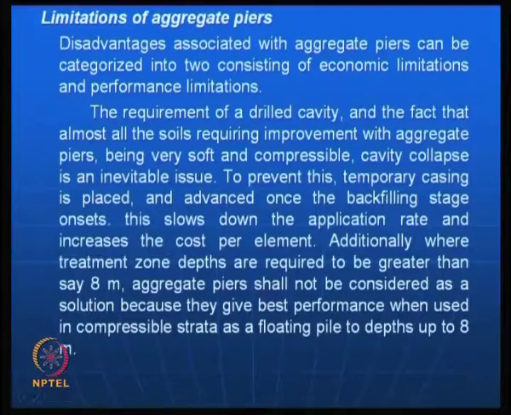So obviously the advantages are there, but disadvantages are also there. There can be economic limitations and performance issues, the requirement of a drilled cavity, and the fact that almost all the soils requiring improvement with aggregate piers are very soft and compressible, so cavity collapse is an inevitable issue. You are trying to use an auger, and before you withdraw, if the cave collapses, it is a problem.